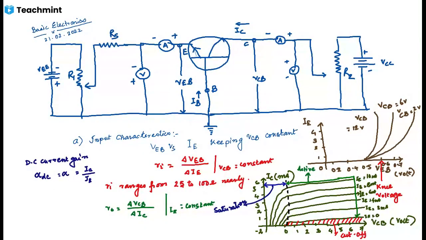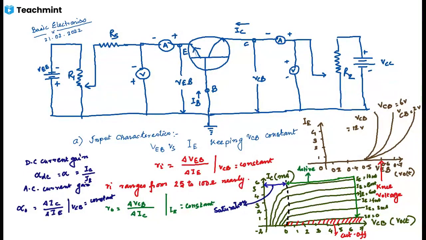So AC current gain can be written as alpha 0, that is equal to del IC by del IE at VCB equals constant, where del IC and del IE are small changes in collector and emitter currents around a given point on the curve.